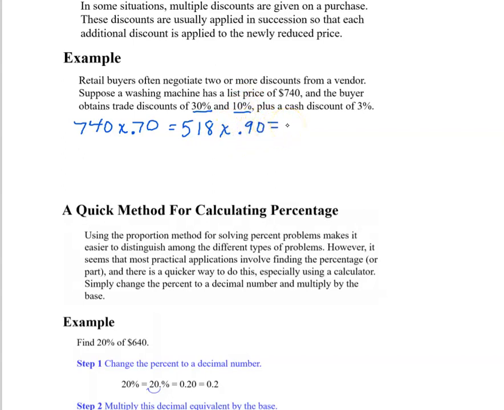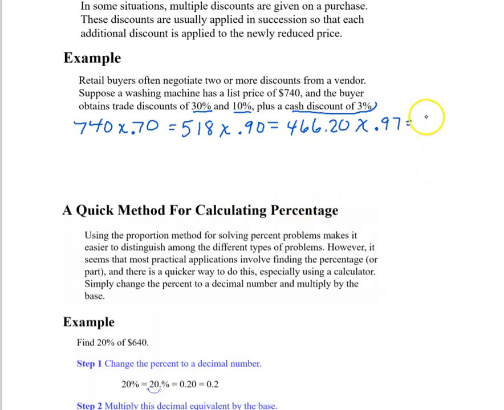So 518 times 0.90, we're at $466.20. And then it says, plus if we pay with cash, we get another 3% discount. So if we're taking 3% off, we're keeping 97%.